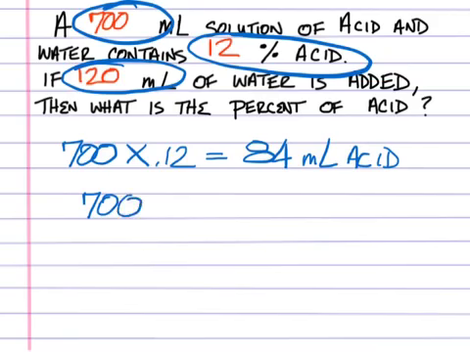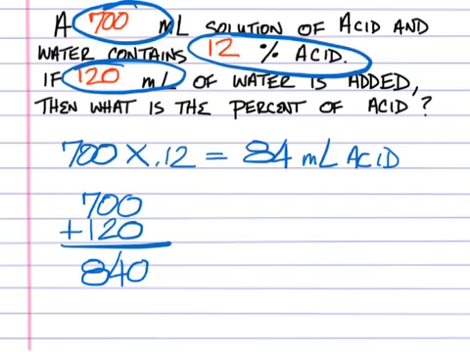Our entire solution has 700 milliliters of contents. We're adding 120 milliliters to that. So our total now is 820 milliliters of some kind of content in the jar. Earlier I wrote 840, just a typo. It should be 820.